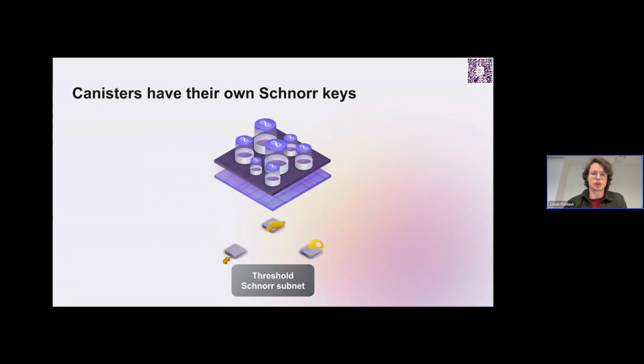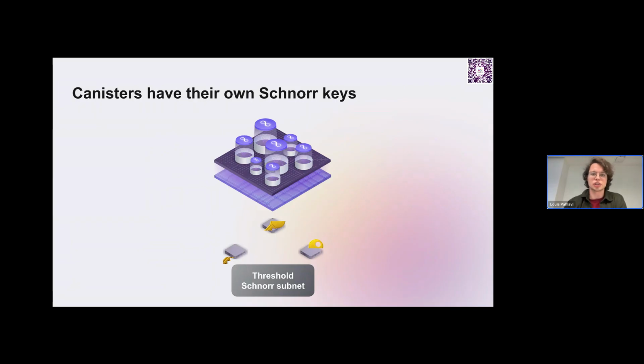There are threshold signing subnets for Schnorr and ECDSA. In those subnets, there is a master key that's split up into secret shares, as I mentioned, and each share is stored on a different node of the subnet. At the moment, there are 31 nodes on the subnets, so the secret keys are split into 31 shares.